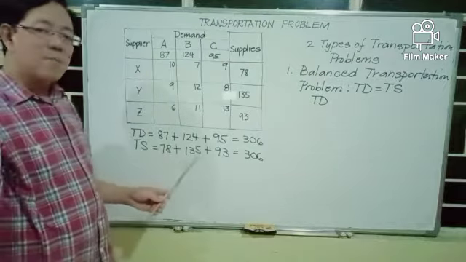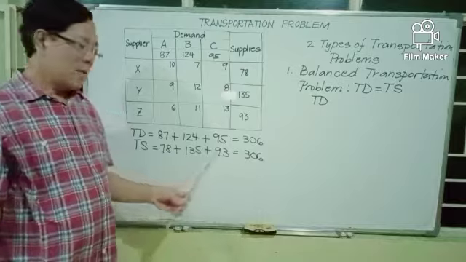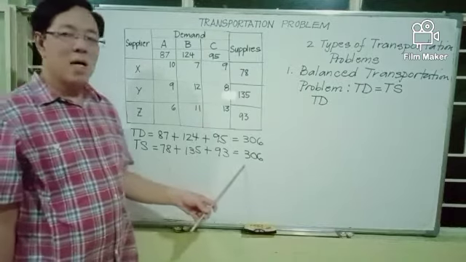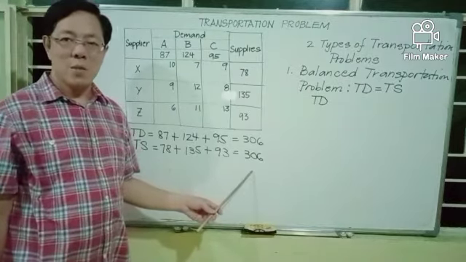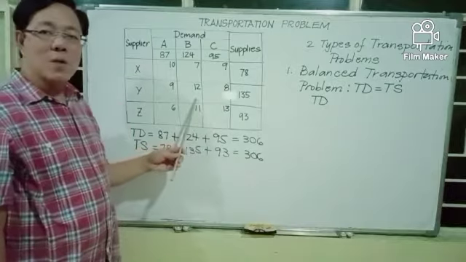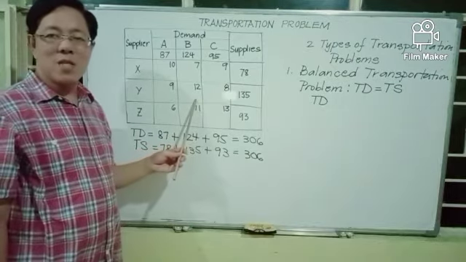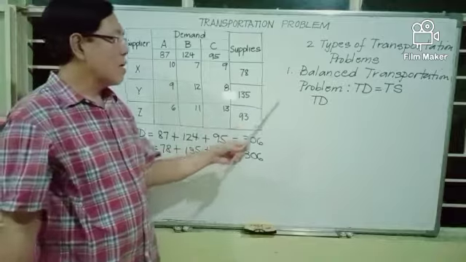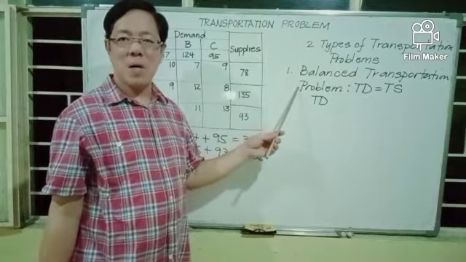Since the total demand of 306 is equal to the total supply of 306 units, we conclude that this given transportation problem is a balanced transportation problem.